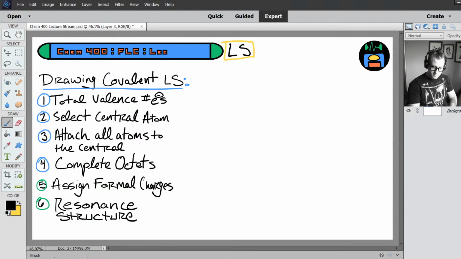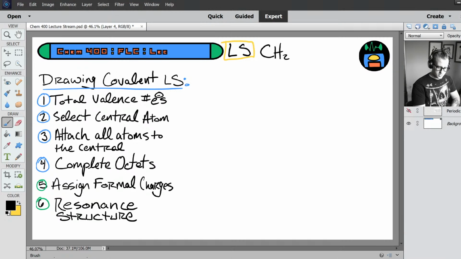I'm going to do a couple more examples to warm us up. Let's go ahead and do the Lewis structure for formaldehyde, whose chemical formula is CH2O. That's the molecular formula for formaldehyde. Carbon has 4 valence electrons. Oxygen has 6.